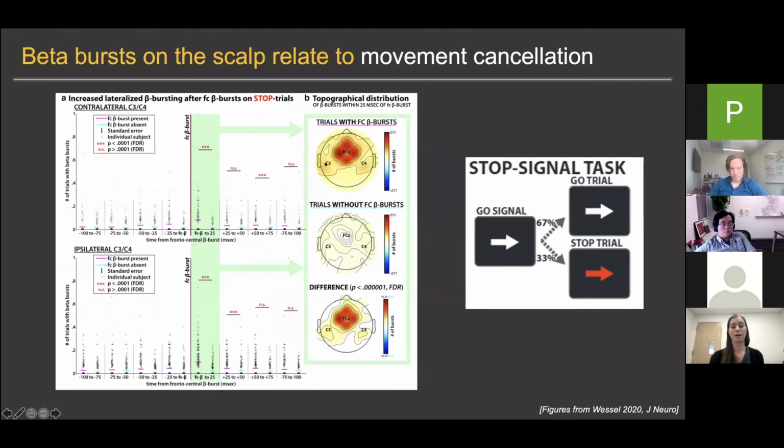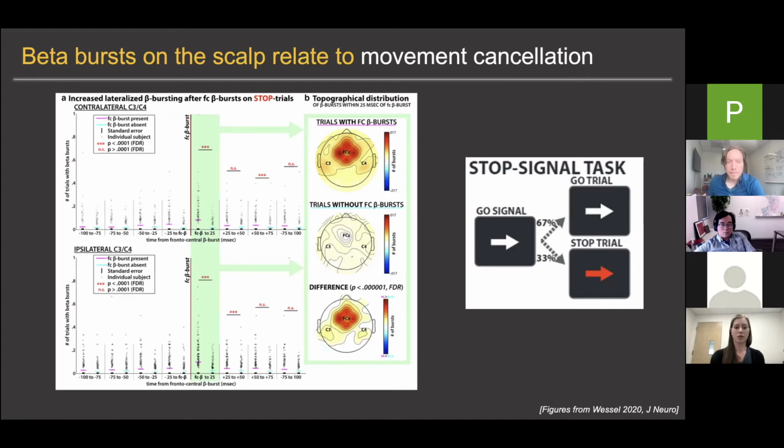So he found that those trials that contained frontocentral beta bursts, when you saw a burst at frontocentral cortex, it was more likely to be followed within 25 milliseconds by an increase in beta bursts at bilateral sensory motor electrodes C3 and C4. And again, we know that these sensory motor bursts appear to be inhibitory with regards to motor output. So while this isn't a causal demonstration, it does seem that frontocentral beta bursts are followed by an upregulation of beta bursting at sensory motor electrodes.